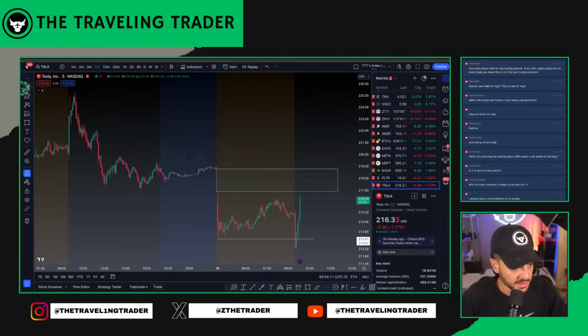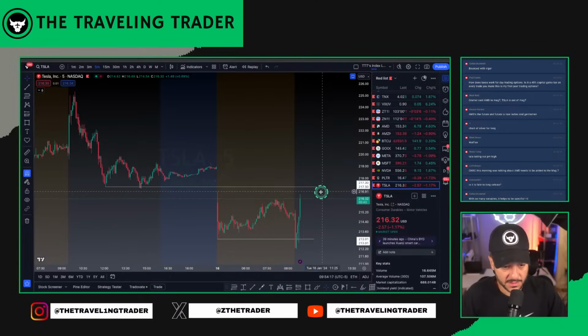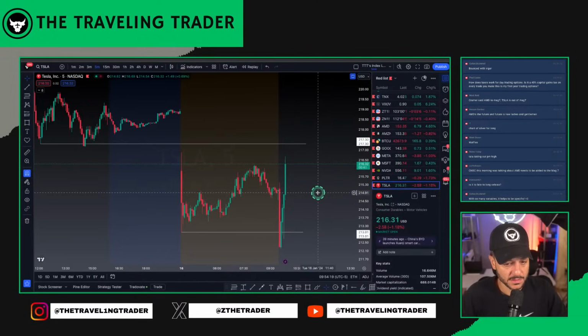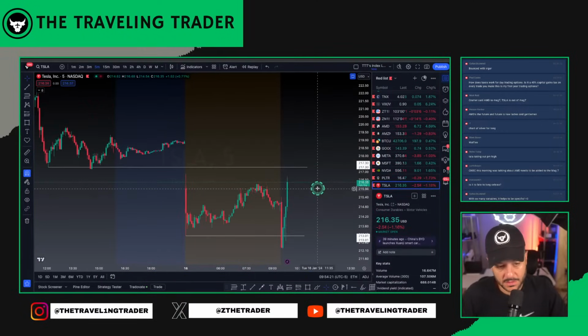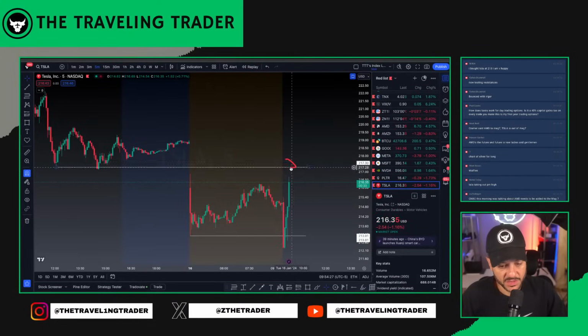The only thing is previous day's lows are right here. Doesn't make for an optimal long because there's already a major potential resistance right here, right? But Tesla only being down 1% after all that.